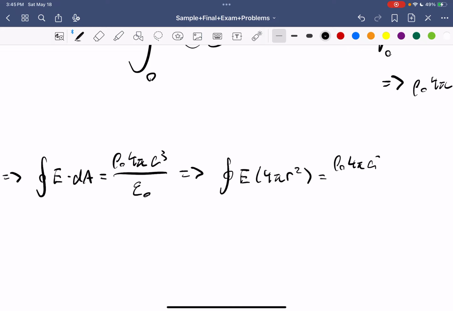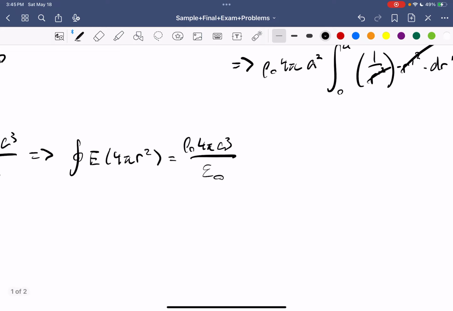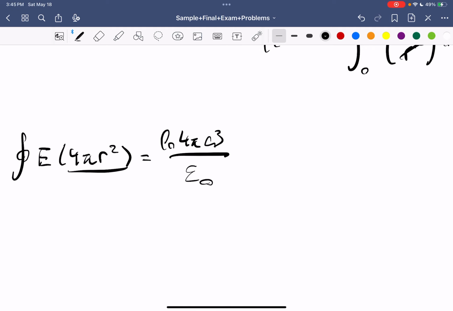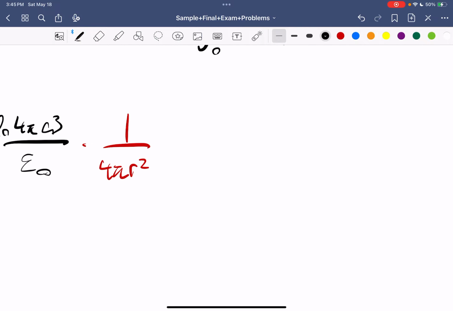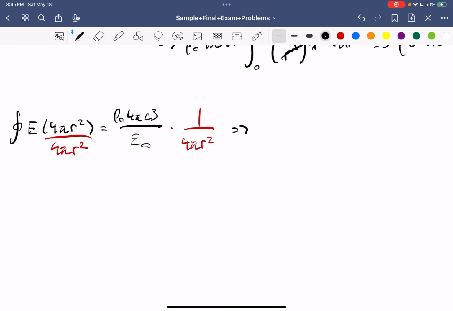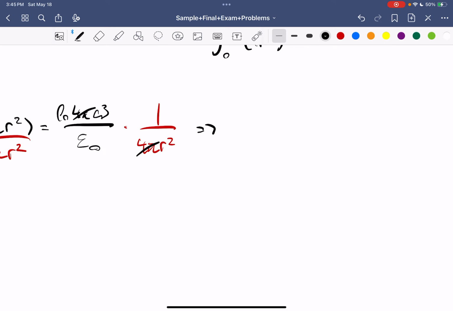And now all we have to do is isolate E. So we first divide by 4 pi r squared on both sides. And now we get the cancellation of 4 pi, and we're left with rho naught a cubed over epsilon naught r squared.